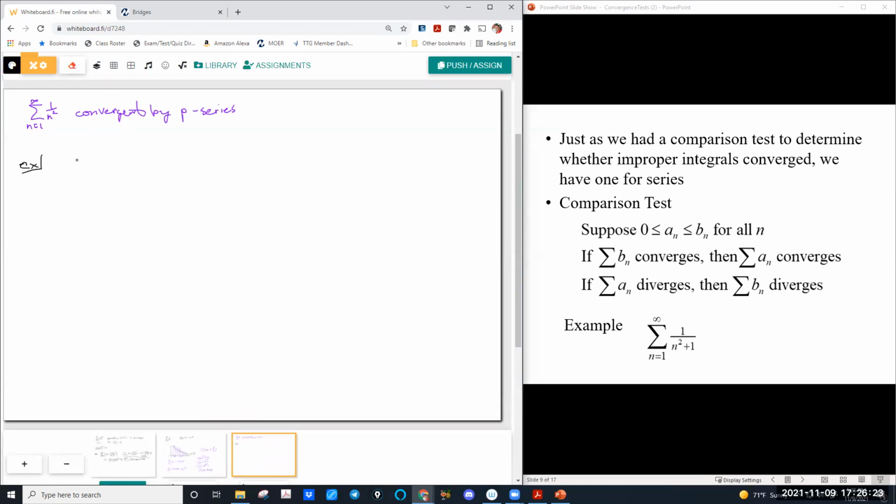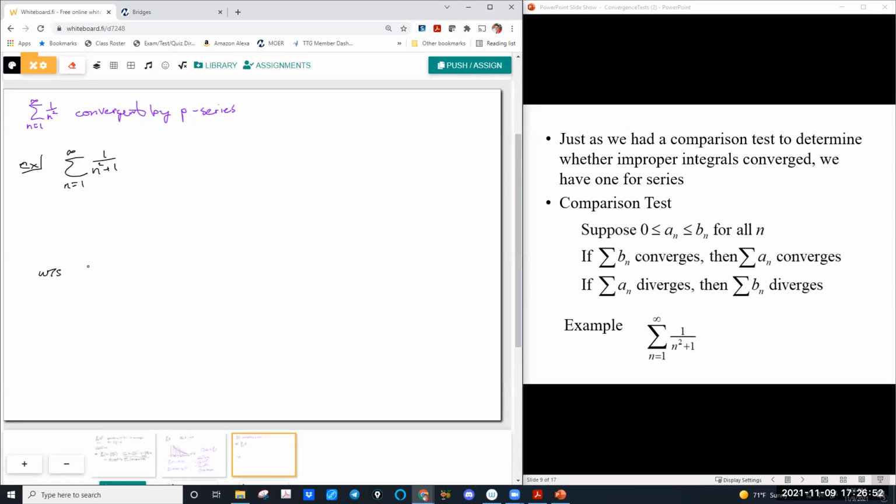So here's how we can leverage the p-series and the comparison test to show that this one is convergent. All right, so it looks like 1 over n squared. So just like our comparison test with improper integrals, we want to compare it to something known.